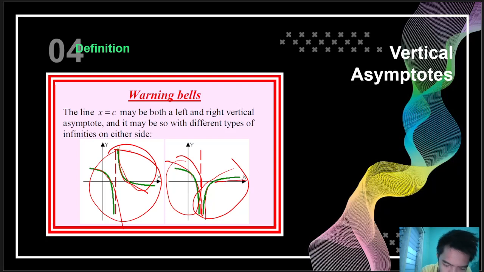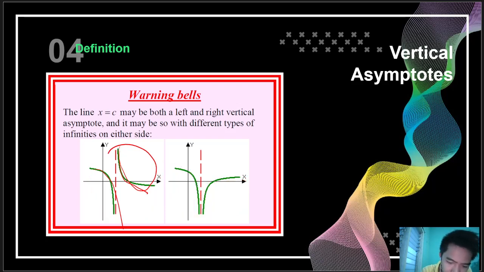but on the other side they have different infinities. Though they have the same infinities on this side, on this side they have different infinities. The same here, though they have the same infinities, on this side they have different infinities.